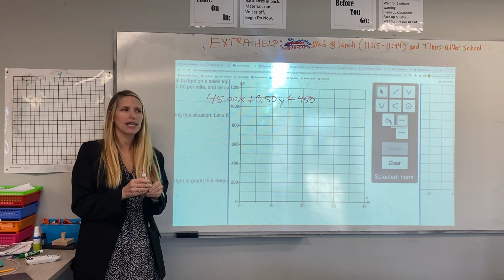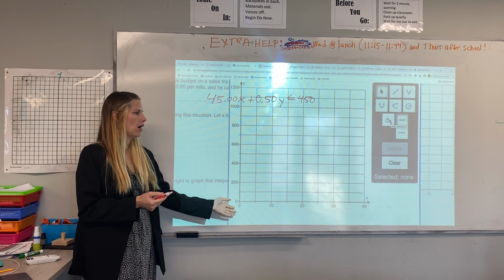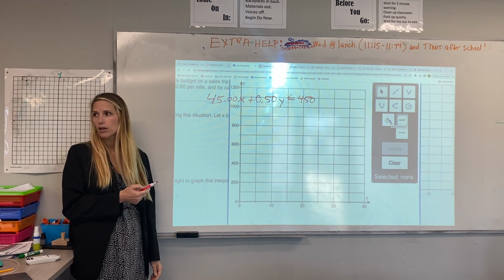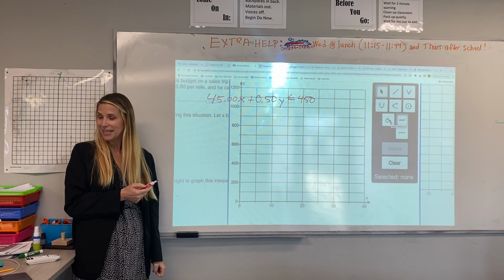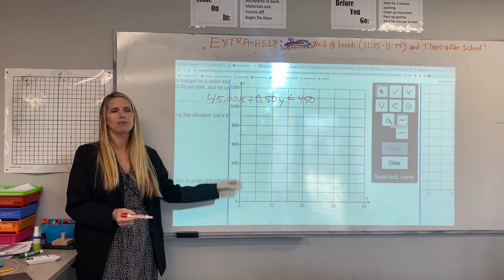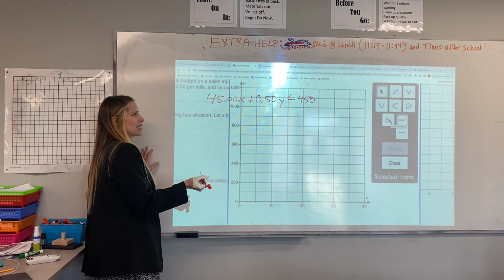Good, Callie, tell me how to graph my points on this coordinate plane. I did it the way you taught us, replacing y with 0, and she got her x and y intercepts. So guys, this is really important. We're going to graph our x and y intercepts.